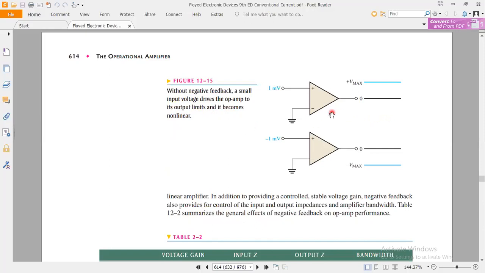So we have to control or adjust the output of an op-amp through its inverting and non-inverting inputs and by negative feedback, because the gain of an op-amp is in the range of several thousands.